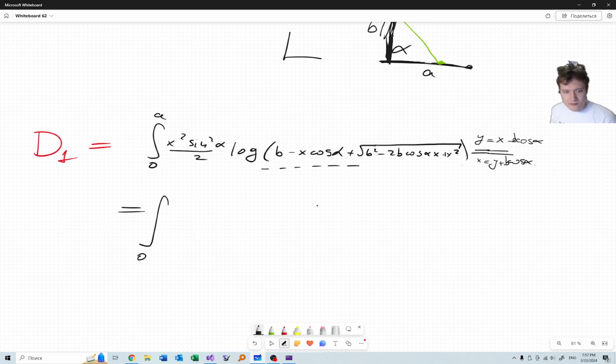Okay, let's see. Since I now have variable y, it is from minus b cosine alpha to... and I can immediately divide by b, I think. Can I divide by b immediately? I should be able to do it.